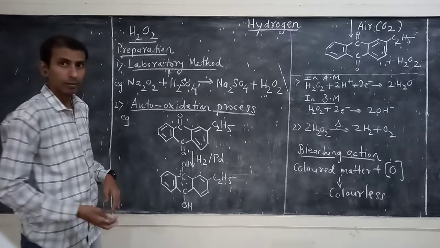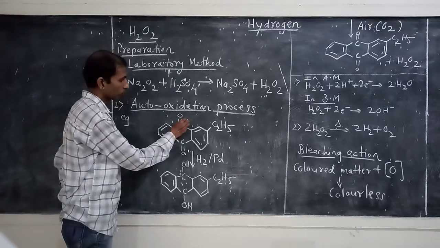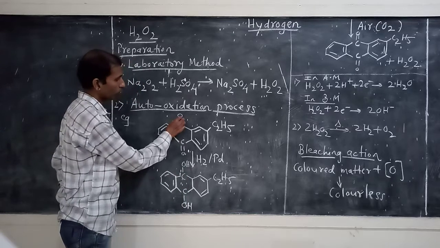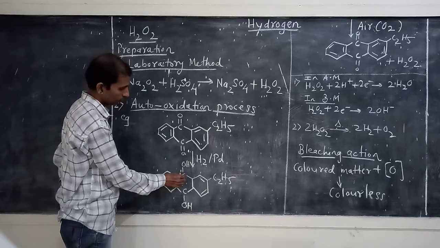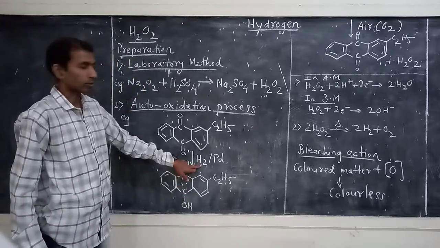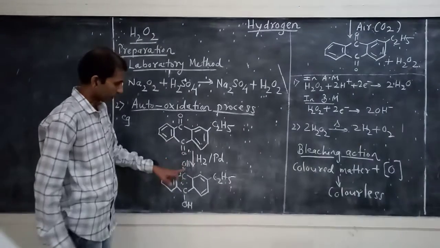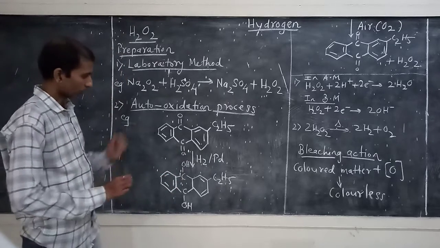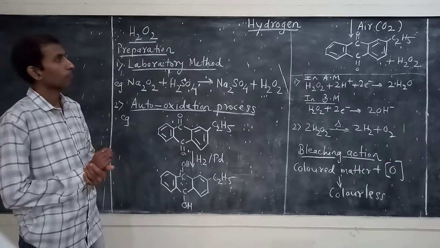So in the first step, ketonic groups are getting converted to alcoholic groups. C double bond O gets converted to COH, because we are adding hydrogen, one hydrogen here, okay, and one hydrogen gets added here, you get OH and OH. So we get the reduced product.